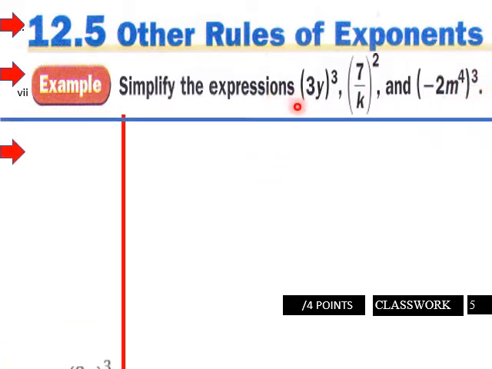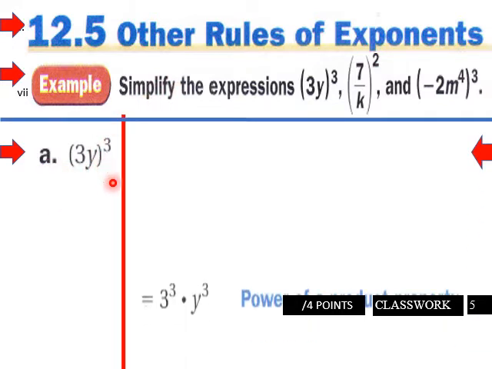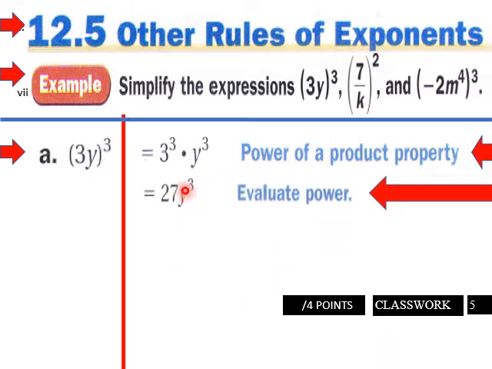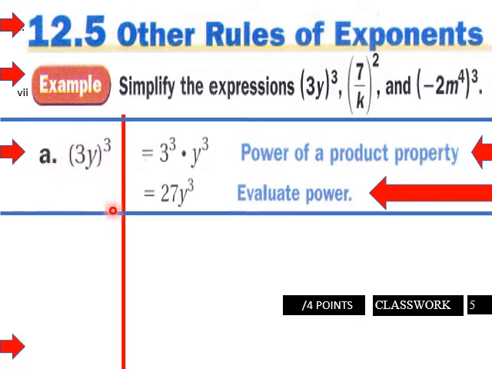So how do we find the simplifications of these expressions. So we have 3y here to the third power, which would be the same thing as 3 cubed times y cubed, power of a product property. And then when we extend that out, we get 3 cubed, which is 27, and then just times y cubed. That'd be the power of a product property of this expression here.